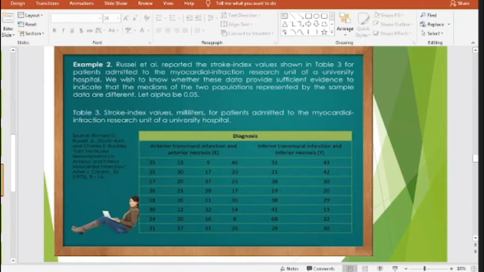The diagnoses are anterior transmural infarction and anterior necrosis, represented by X, and inferior transmural infarction and inferior necrosis, represented by Y. So for the solution, the hypotheses: the null hypothesis is Mx is equal to My, meaning the median of X and the median of Y. Then the alternative hypothesis: Mx is not equal to My. Let the level of significance, alpha, be equal to 0.05.